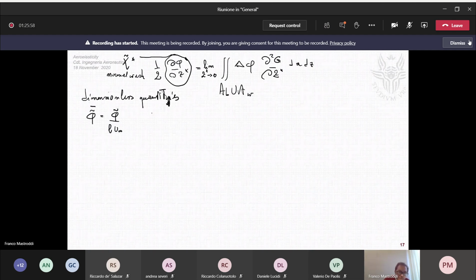And this n-dimensional normal wash, evaluated at the star point, is the dimensional one divided by u infinite, and then other dimensional quantities like x bar equal to x divided by L.